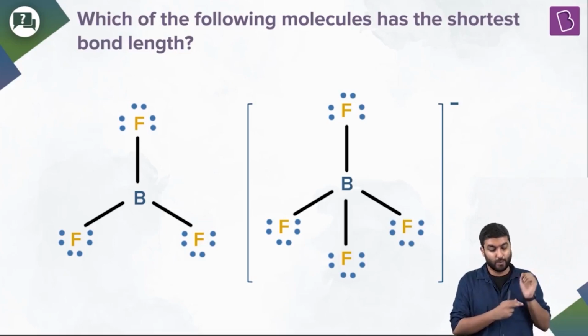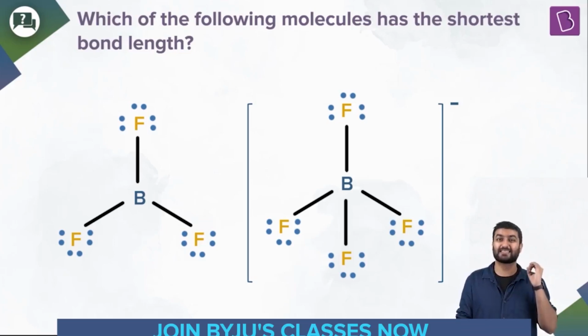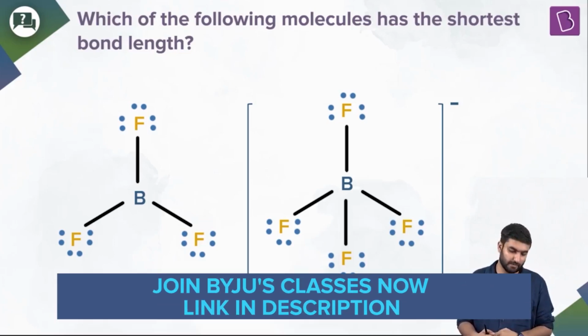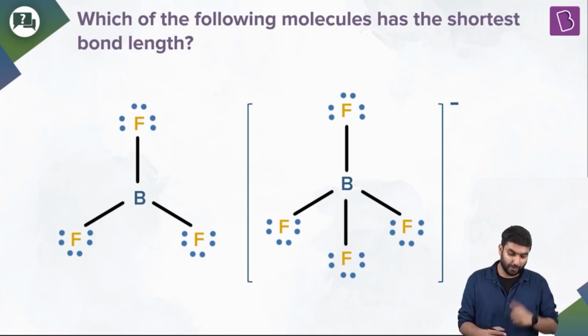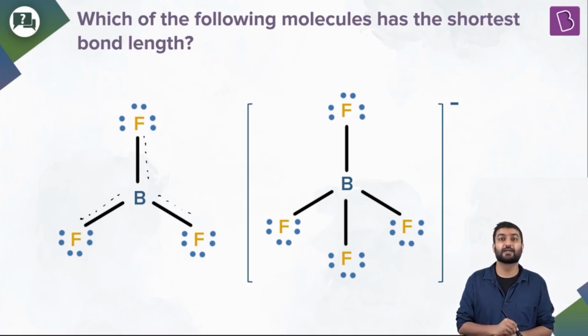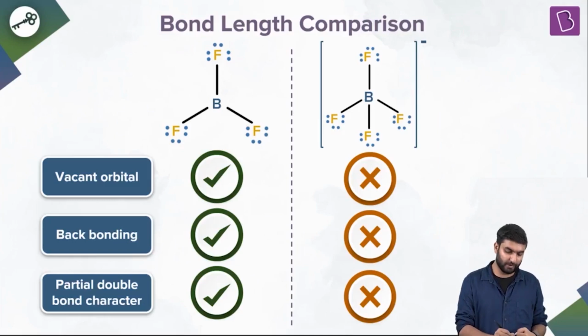Now let's consider which of the following molecules has the shortest bond length. Well, both of them have boron and fluorine. So why are we discussing the bond length? Because here you remember we are going to have double bond character, right? Boron has a vacant orbital in this one. In this one, boron does not have the vacant orbital.